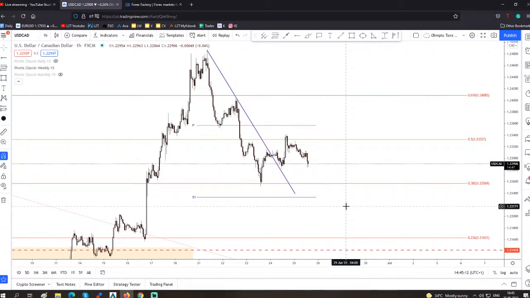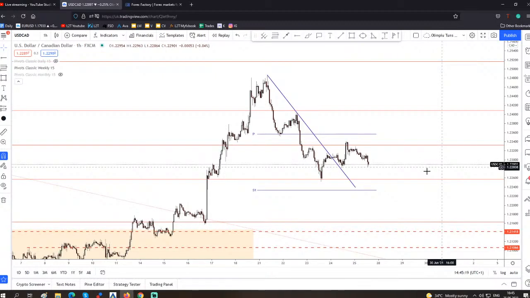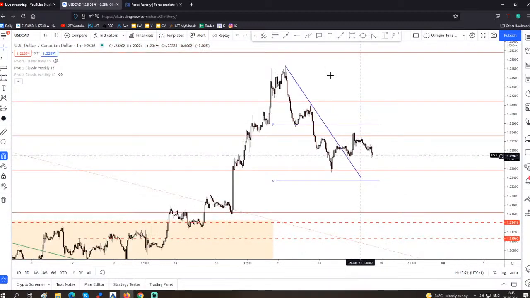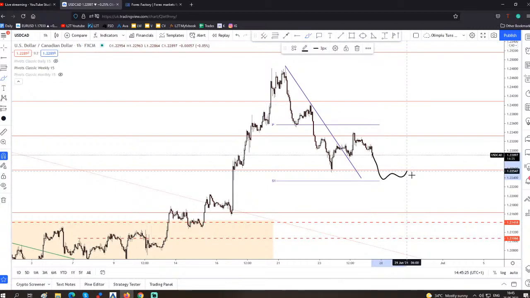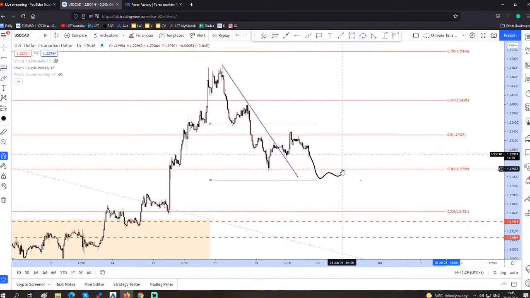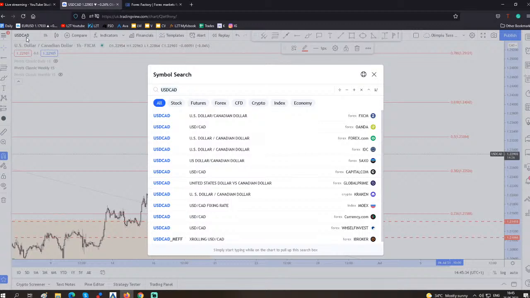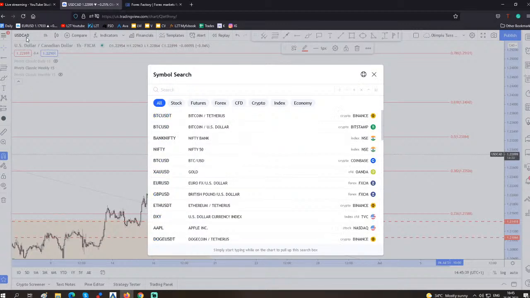Right now it drops only because the DXY drops as well. We don't have something really good here on the US dollar versus the Canadian dollar right now. Maybe a potential drop, a new lower low here, stabilization below 38.2 could bring us a potential further drop. We'll have to wait and see.